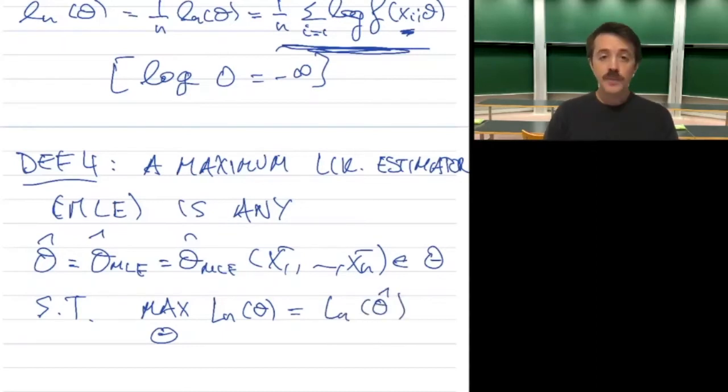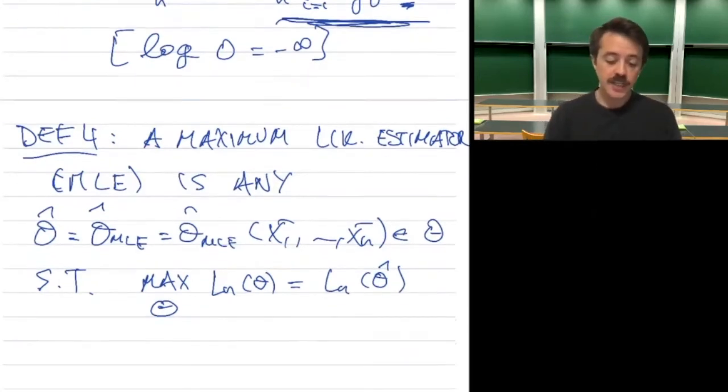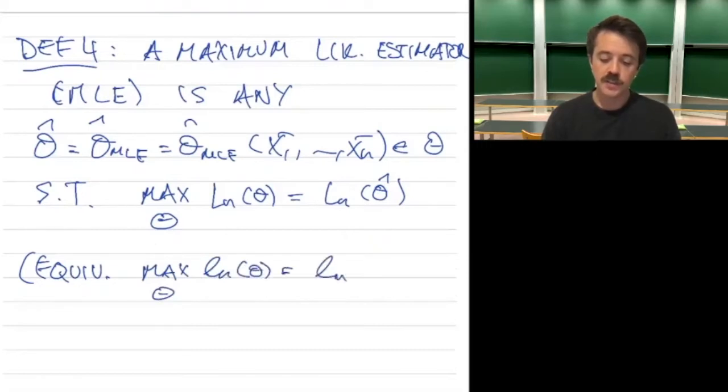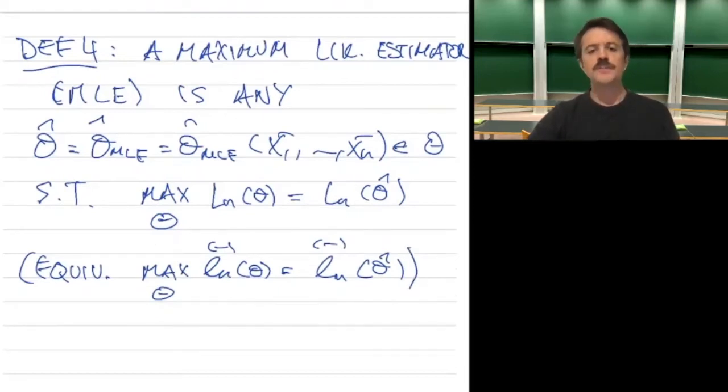We can also equivalently define the MLE in terms of the log likelihood function. Same idea: the max over the parameter space of the log likelihood should be equal to this, and we could even put the normalized versions here as well.